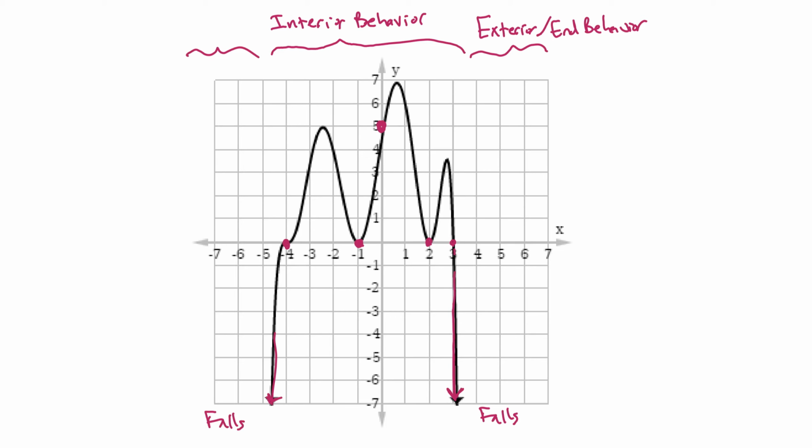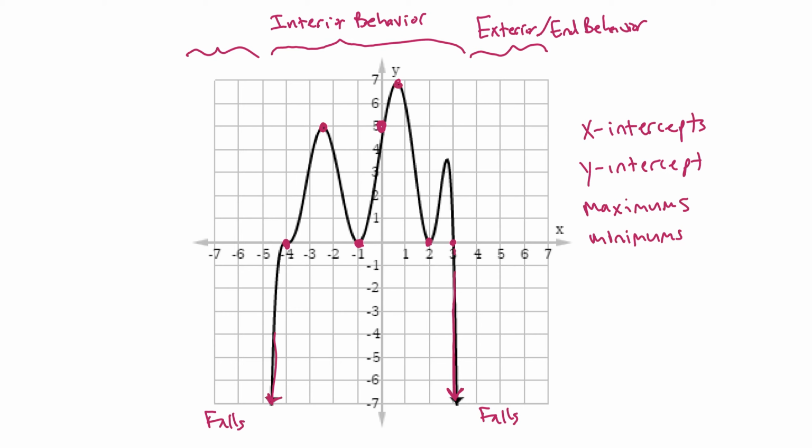When we graph a polynomial, our primary goal is to determine the interior behavior. Where are the x-intercepts? Where is the y-intercept? Where are the turning points, that is the maximums and the minimums, the tops of the hills and the bottoms of the valleys?